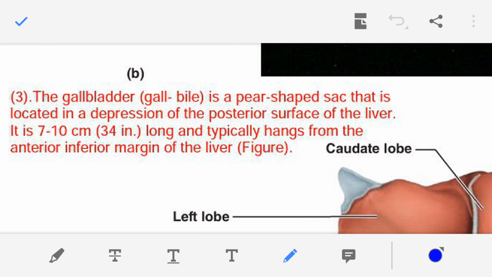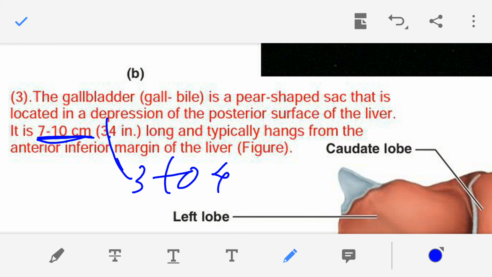Now the size of the gallbladder. The gallbladder is 7 to 10 centimeter long, that is 3 to 4 inch long.